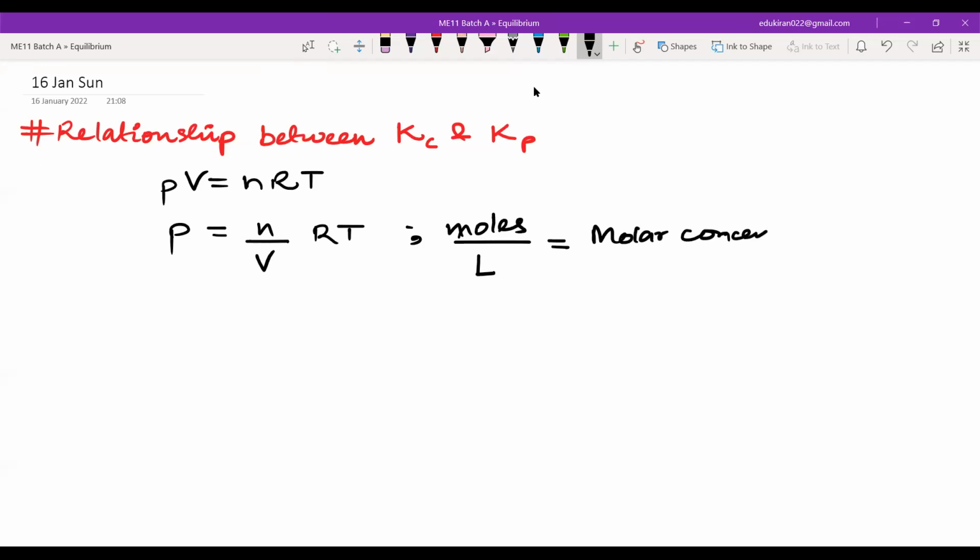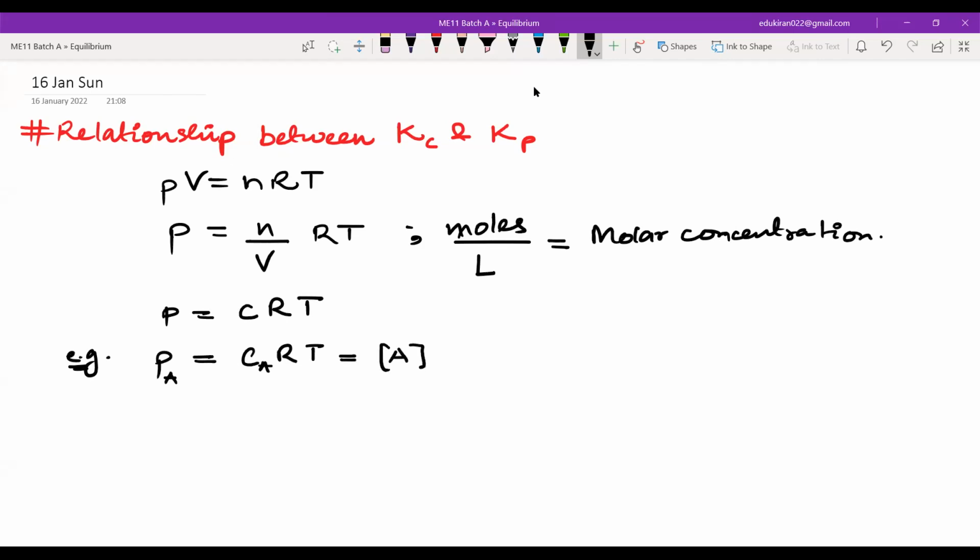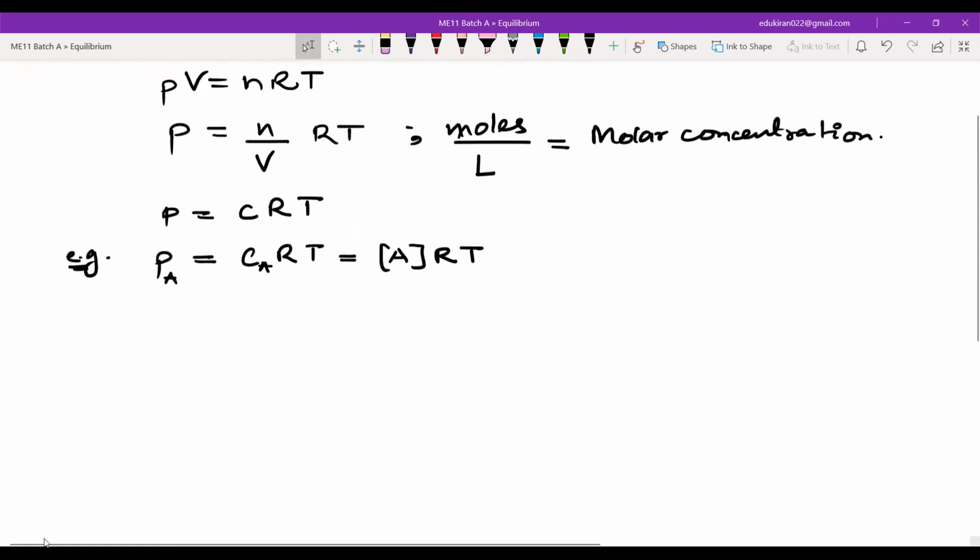So we have a relationship that P is equal to the concentration times R times T. For example, if I want to talk about the pressure of A, it is equal to the concentration of A times R times T. Any doubt till here, guys? Yes or no? Tell me. No, sir. Okay, fine. Now let us start.